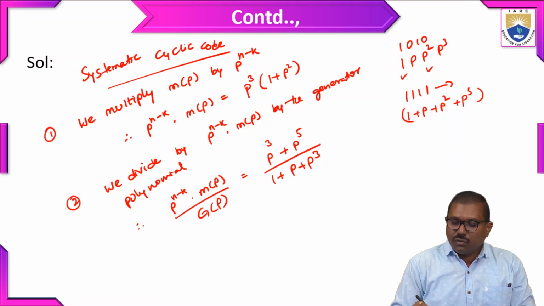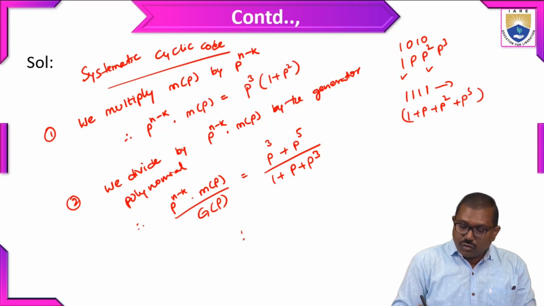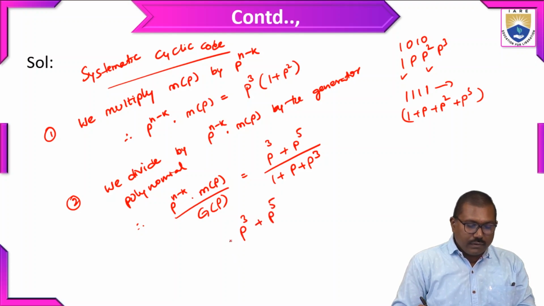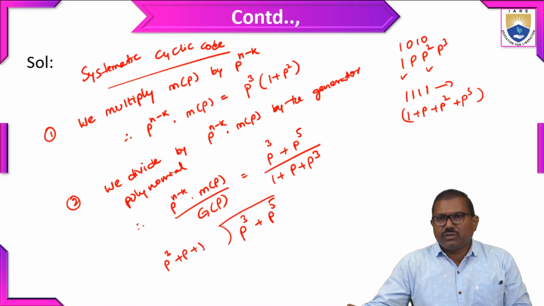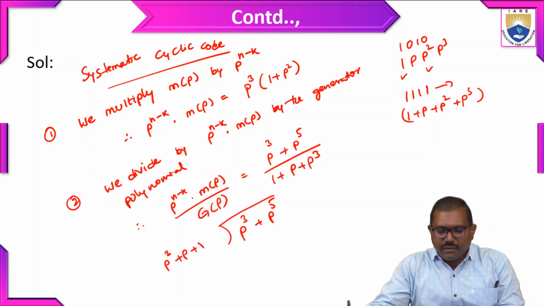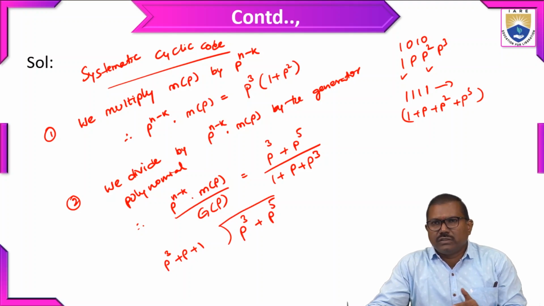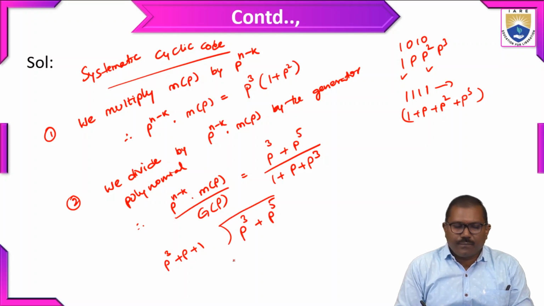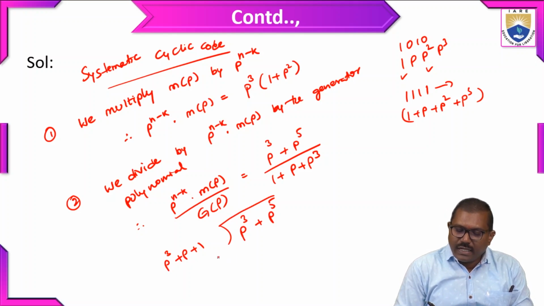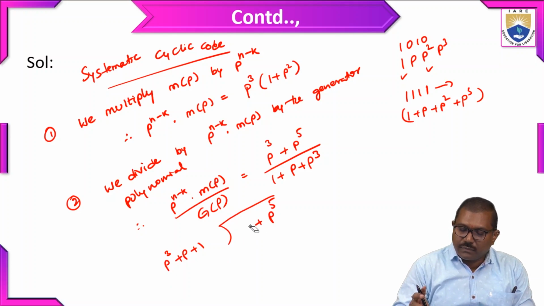Okay. So we can divide now. So p cube plus p to the power of 5, divided by p cube plus p plus 1. So why is p cube written first here? Showing the highest degree. You can write it either way, no problem.